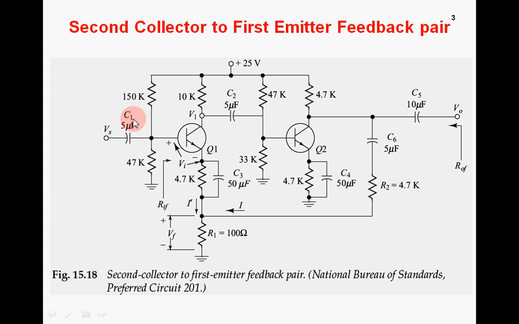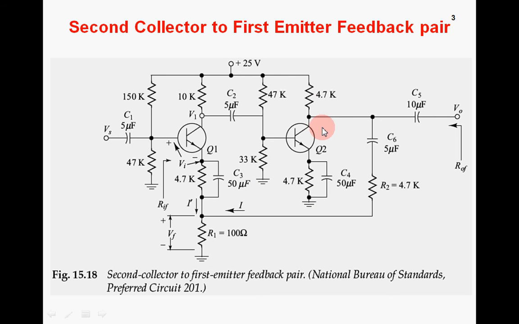Once again, see here, there are two common emitter amplifiers. The first one is here. Transistor Q1 is connected in common emitter configuration. Similarly, transistor Q2 is connected in the common emitter configuration, right? So this is my first amplifier and this is my second amplifier.